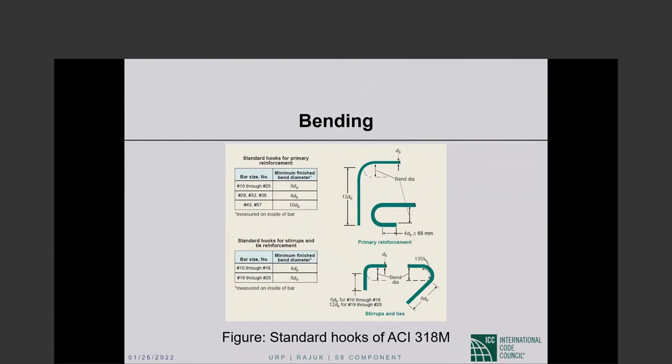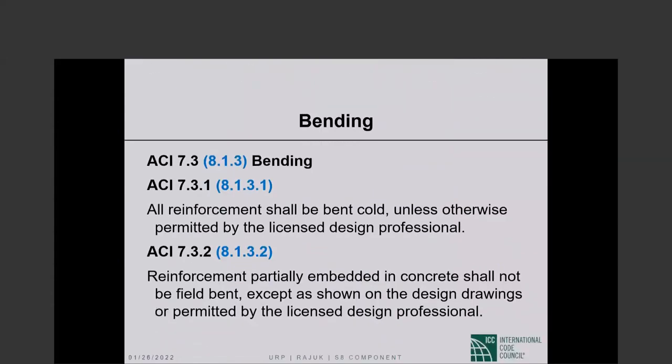The standard hooks for stirrups and tie reinforcement, it can be a 90 degree with anyway, the picture is very descriptive, and what I said already together with the picture will tell you the entirety of ACI requirements.